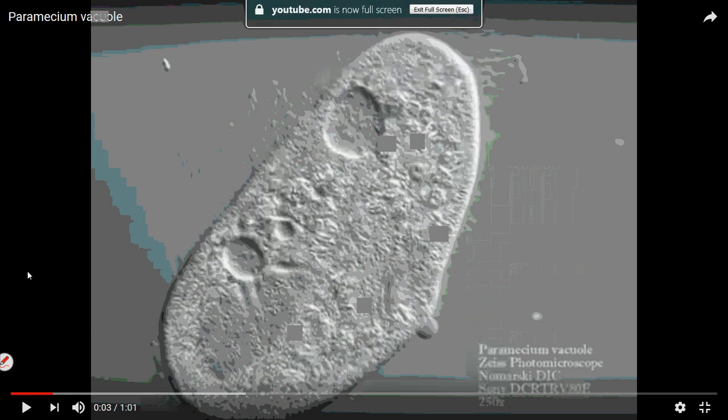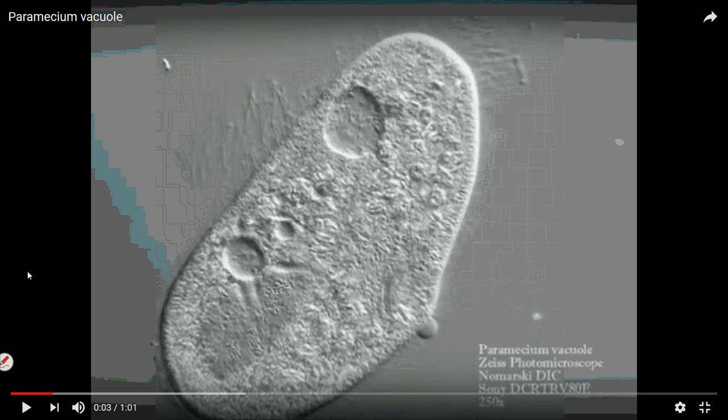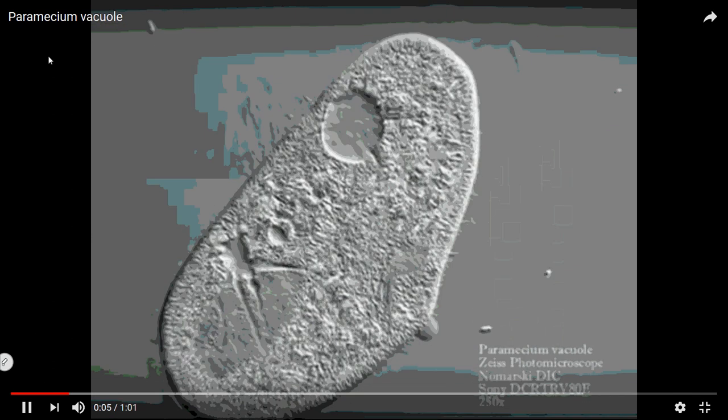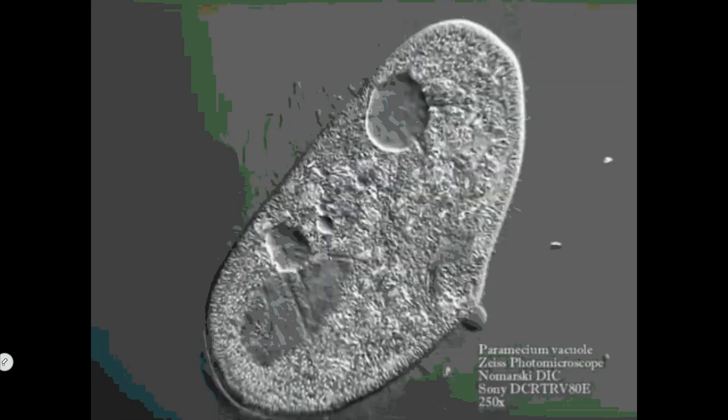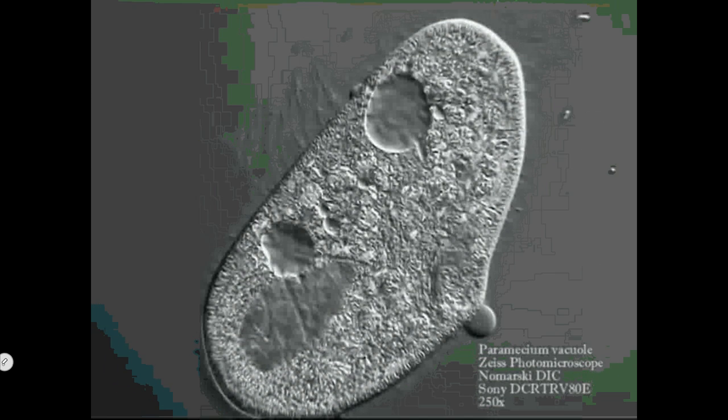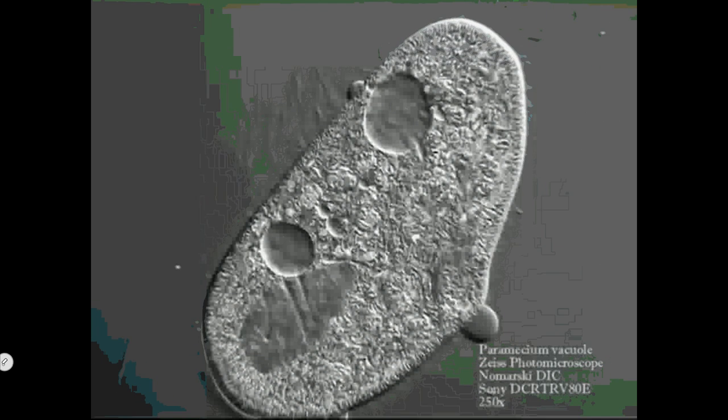Okay, so I think you can see that there's two contractile vacuoles at least. There's one here and there's one here, right? Can you kind of vaguely make that out? So then watch them operate. So that one just emptied. The top one is filling, filling, filling. It's about to empty here any minute.